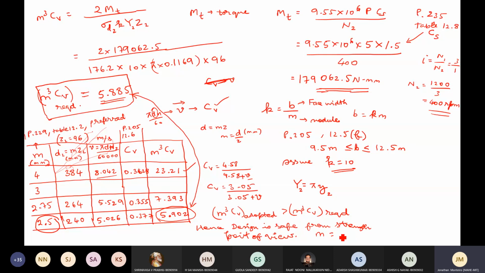So m is equal to 2.5 mm. Okay, so do those calculations. I'll give you a minute to understand and write all those things.